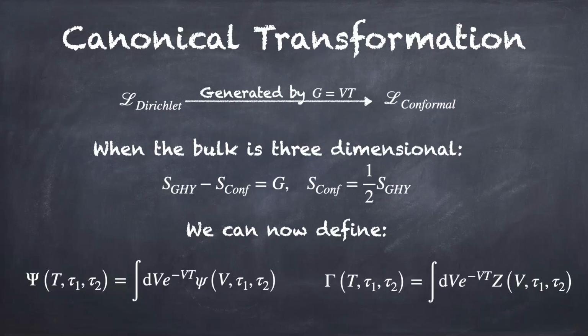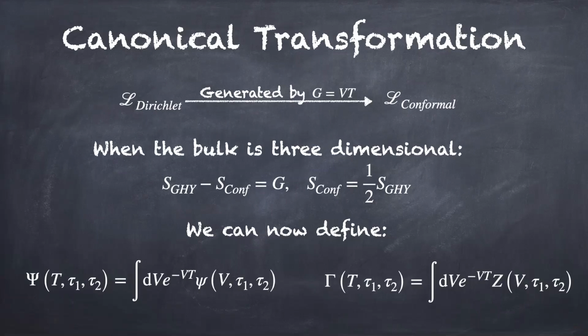In order to change boundary conditions, we need to perform a canonical transformation on the phase space. In other words, moving from a Lagrangian submanifold that specifies Dirichlet boundary conditions to one which specifies conformal boundary conditions requires some change in the action functional, which happens in this case to be generated by V times T. When the bulk is three-dimensional, V times T is exactly the right term to change the boundary action from one corresponding to Dirichlet boundary conditions, the so-called Gibbons-Hawking-York term, to the one that's appropriate for conformal boundary conditions.